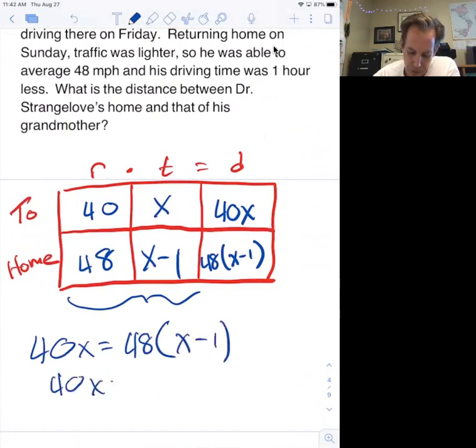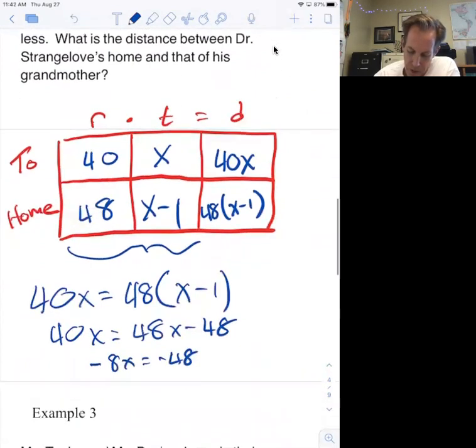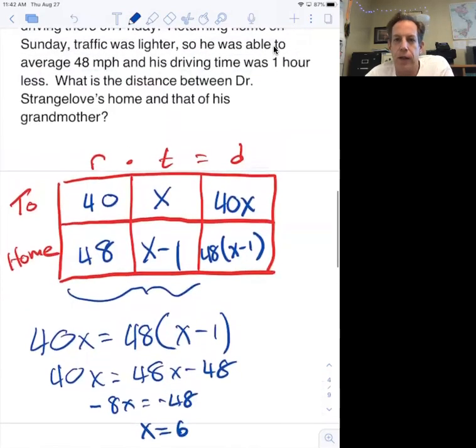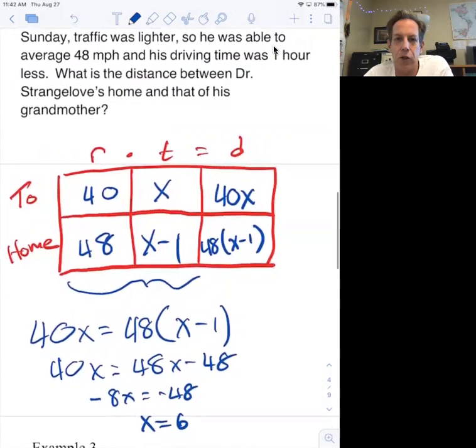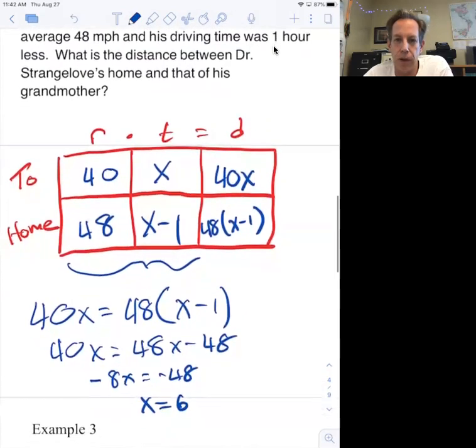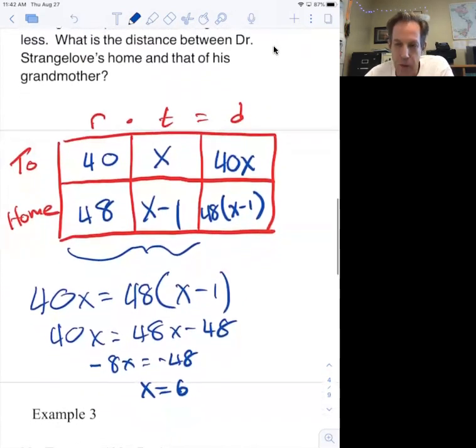All right, so as we solve, we're going to get x equals 6. Okay. Now, what did the question ask us to find? It says, what is the distance between Dr. Strangelove's home and that of his grandmother? Well, if x is 6, what did we really just find?